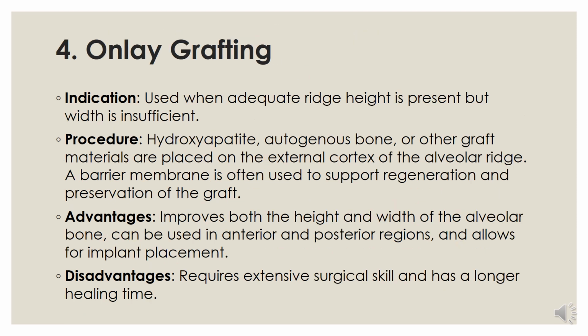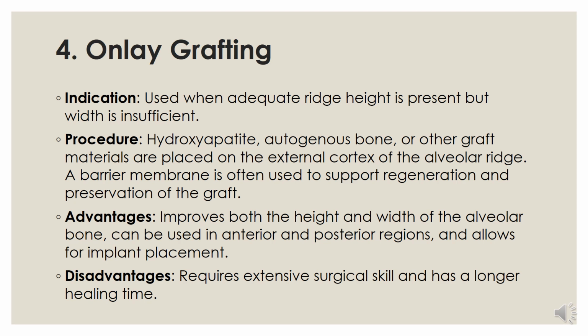The fourth one is the onlay grafting. It is used when adequate ridge height is present but the width is insufficient. In this procedure, hydroxyapatite or autogenous bone or other graft materials are placed on the external cortex of the alveolar ridge. A barrier membrane is often used to support regeneration and preservation of the graft.